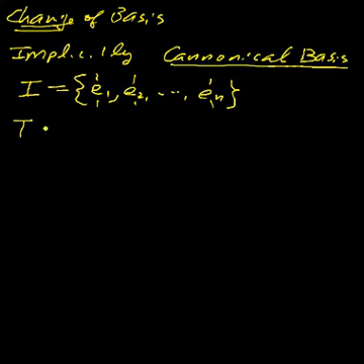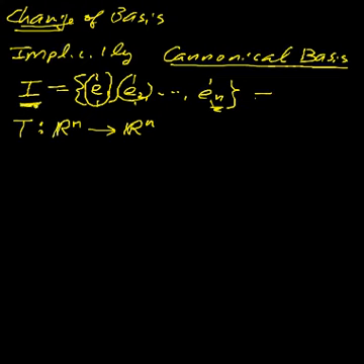If we're talking about a transformation from Rn to Rn, domain and codomain Rn, then we know there are n vectors, each a column vector of size n. So n by 1, another n by 1, total will be n by n. This basis is not a matrix, but we often abuse our notation of I to indicate the n by n matrix from that basis.